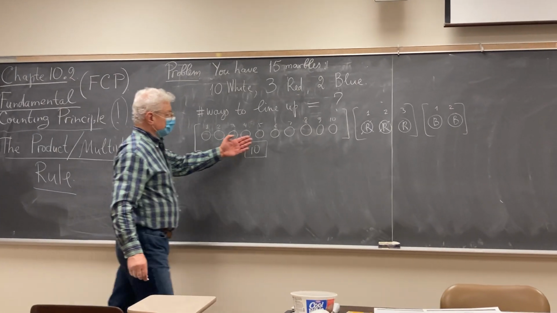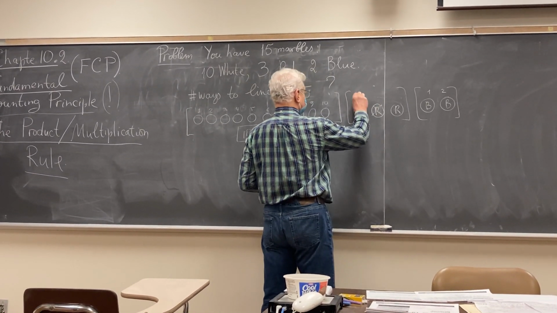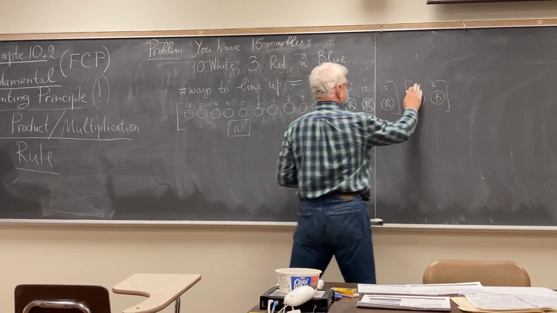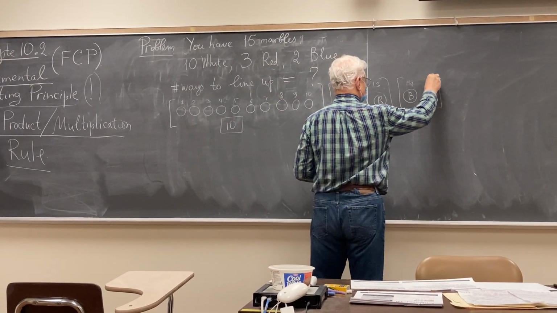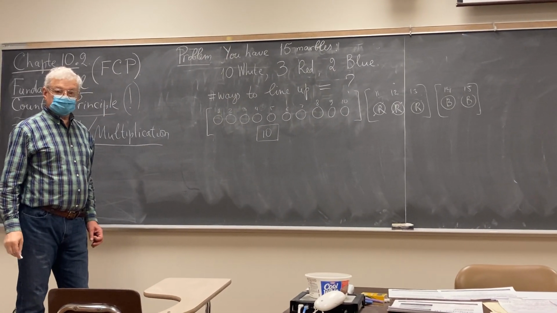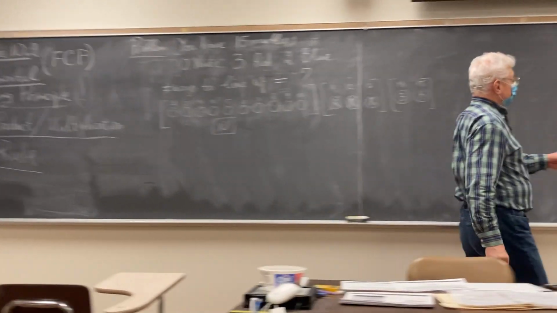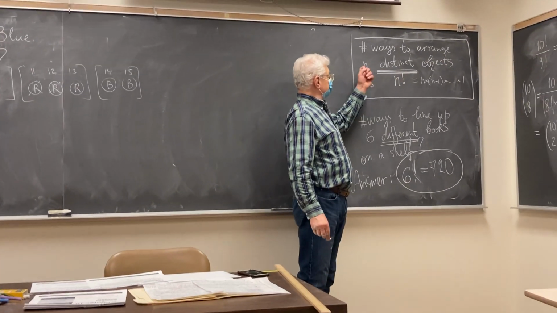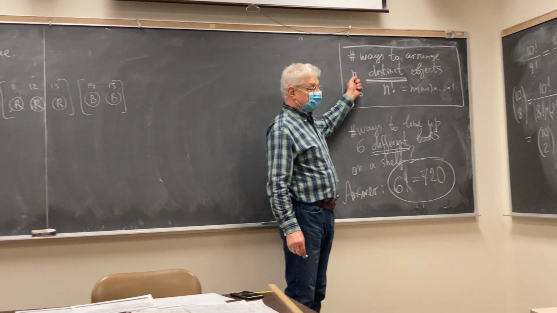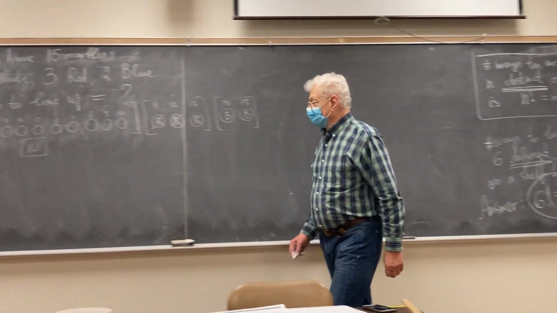I can distinguish them. Maybe I just write 10, 11, 12, 13, 14, 15. It doesn't matter. So you have 15 marbles, and if you have labels, all of them will be distinct. 15 of them, n equals 15. If n equals 15, all of them are distinct.